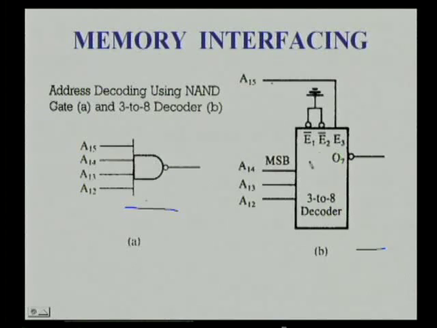So this decoder can be enabled by using only 1 enable pin, that is E3 in this case. Since A15 is high, this will be enabled, and since these 3 are also high, O7, that is output 7, will be activated. In this case it will go low, so that chip select becomes low and that particular chip will be selected.